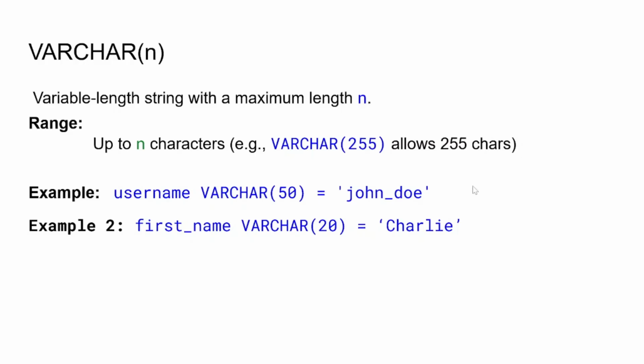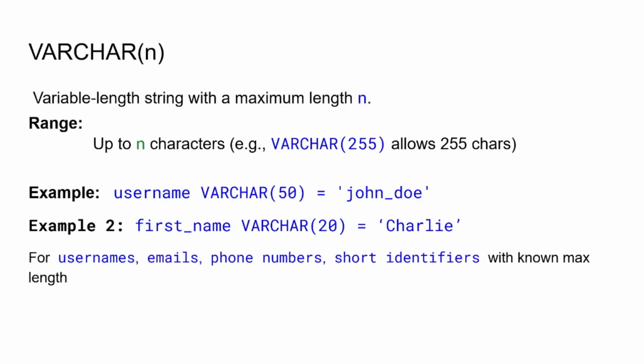So VARCHAR becomes a very reliable choice in such a scenario. You use VARCHAR for situations like usernames, emails, phone numbers, and short identifiers for which you know their maximum length. The next data type which we are going to be talking about is text.